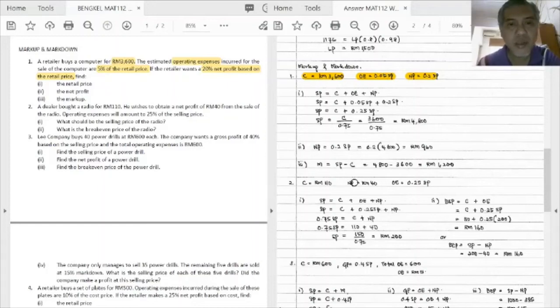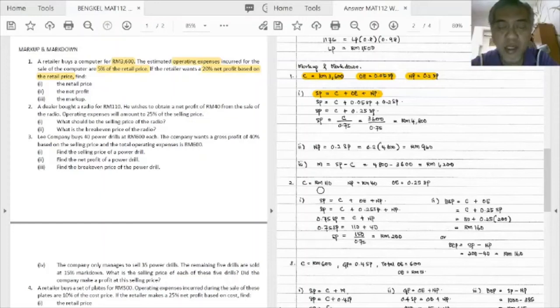The first thing that you need to do is to find the retail price. The retail price can be found by using the formula SP equals C plus OE plus NP. How do you get this formula? Remember that we have the general formula SP equals C plus M, and the gross profit formula GP equals OE plus NP.